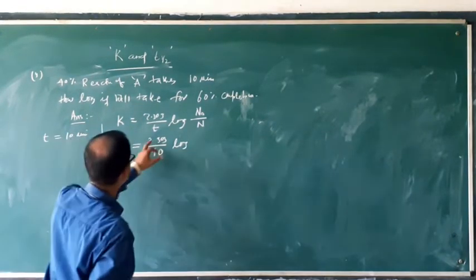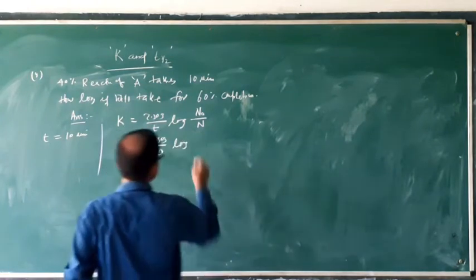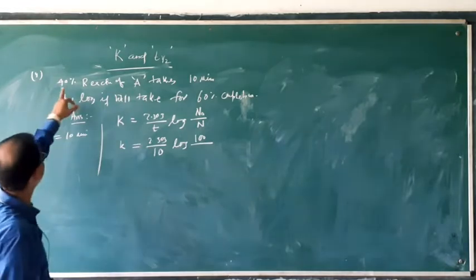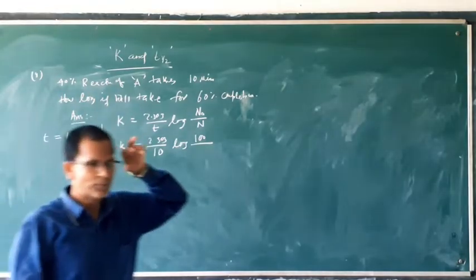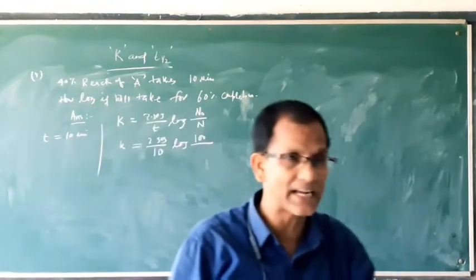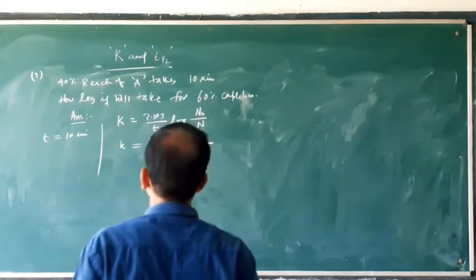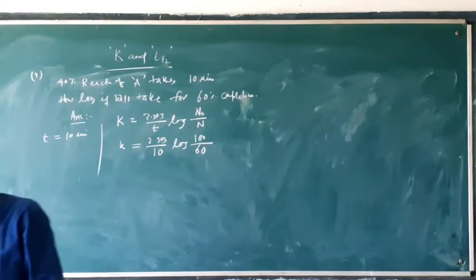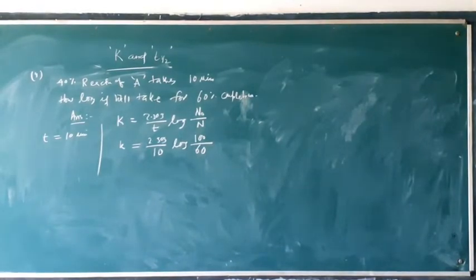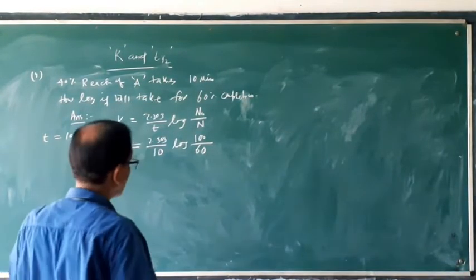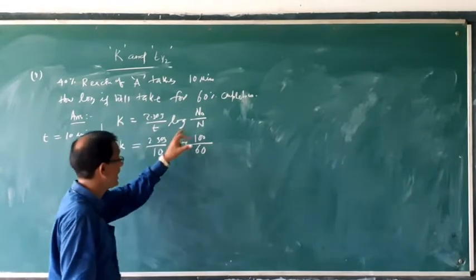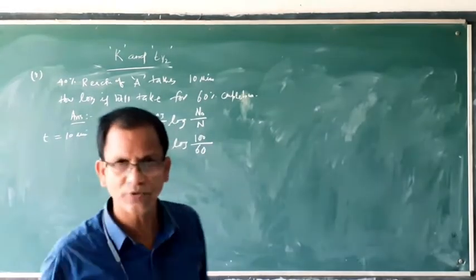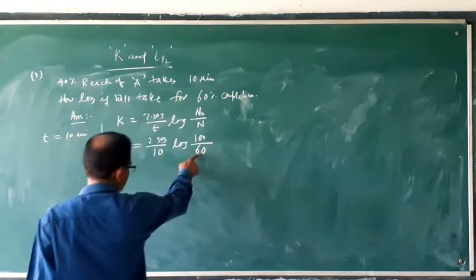N0 is equal to 100. Very important: for 40% reaction, how much is left? 60% left. Because in the formula N is the mass left, not mass reacted. That's why N will be 60.